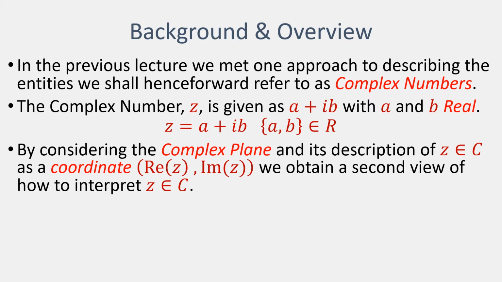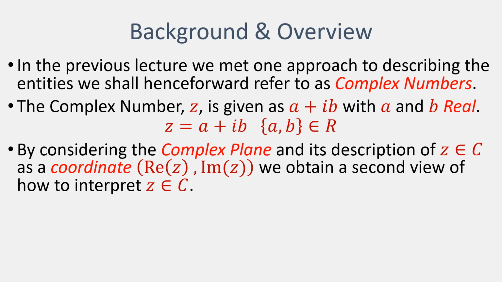I introduced this object referred to as a complex plane. This is where we take our standard two-dimensional axes, but instead of looking at the horizontal and vertical axes as standard x and y coordinates, we think of the horizontal axis as describing the real part and the vertical axis as describing the imaginary part.